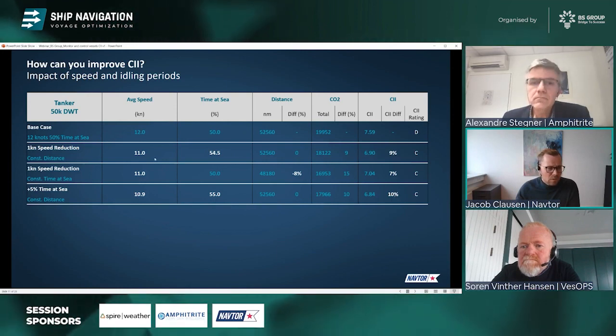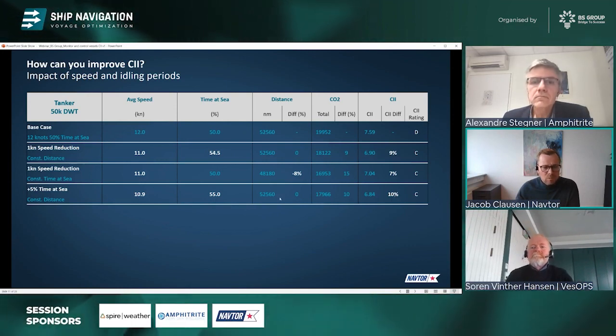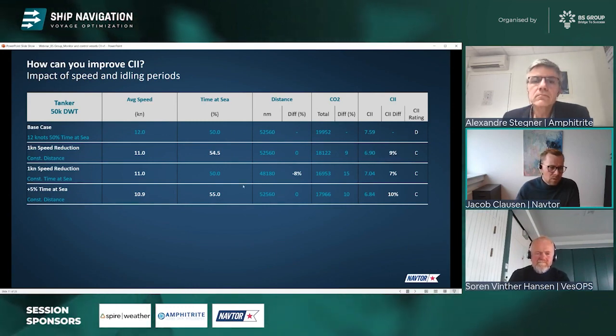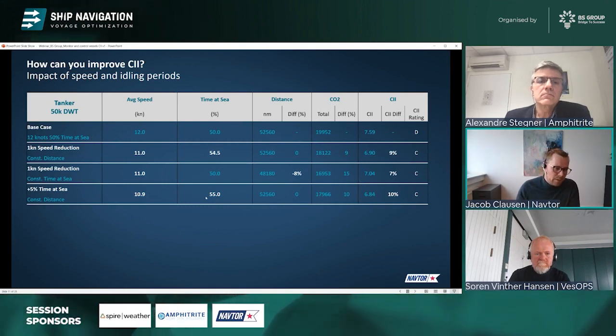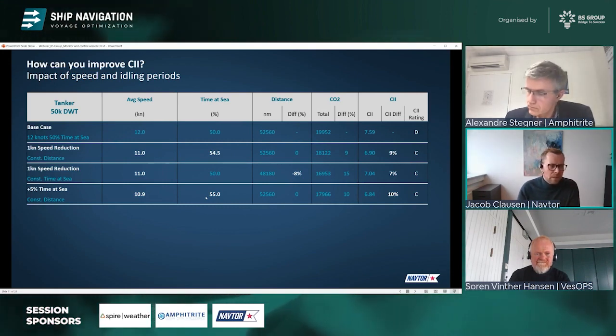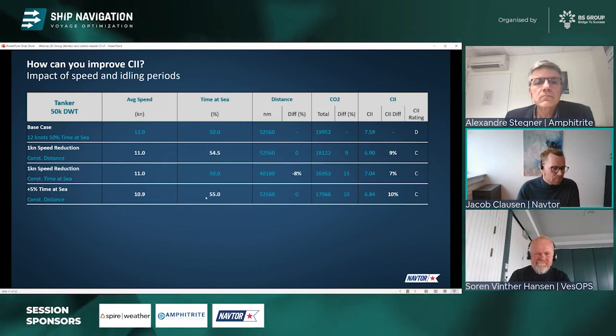And of course, the speed is also reducing, but we're basically delivering the same. So the more time we can get the vessel to be on the way, the less we keep it at anchorage, the more just-in-time approach we can keep, this actually has a pretty large effect on your outcomes.